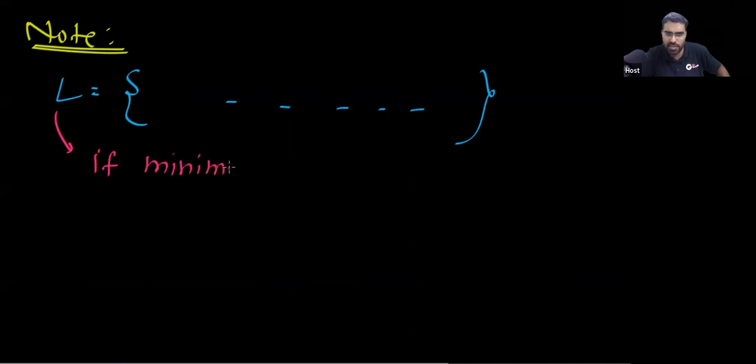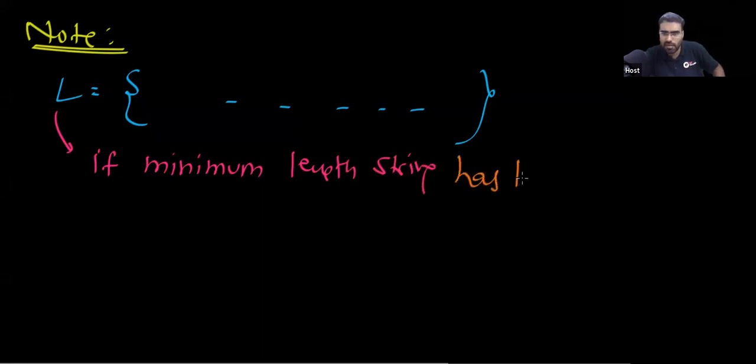So if you have some language L, and the minimum length string in this language has length n, then p equal to n will never work.